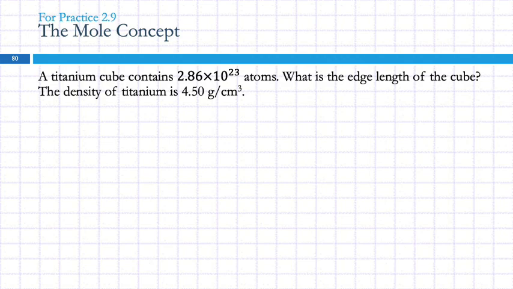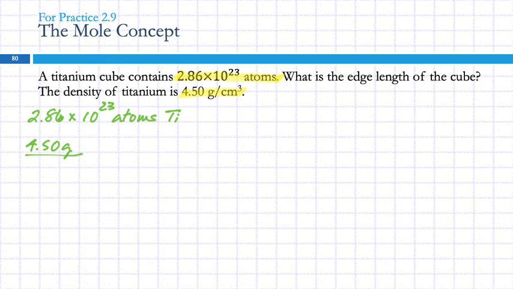So you read the whole thing, and then you pull out the numbers. So there's a number, here's a number. I'll write those guys down. 2.86 times 10 to the 23rd atoms of titanium. That's Ti. And we have 4.50 grams per cubic centimeter.